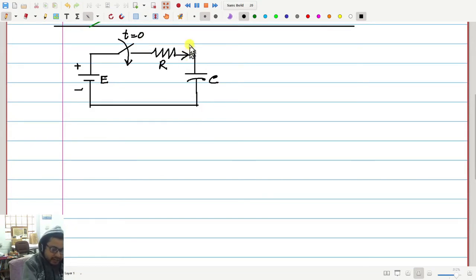How will this current I vary as a function of time, and how will the potential across this capacitor vary as a function of time? This is what we have derived in our last class.